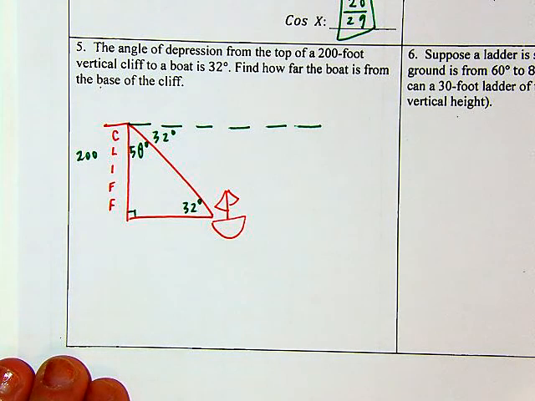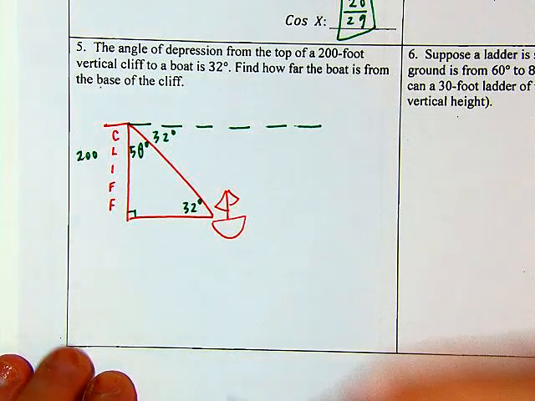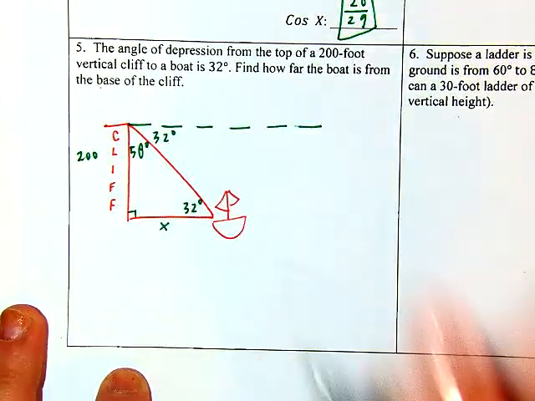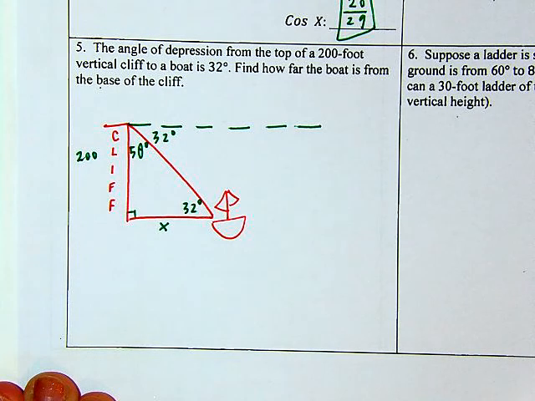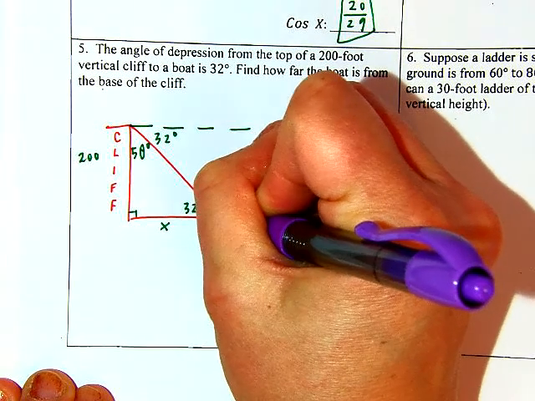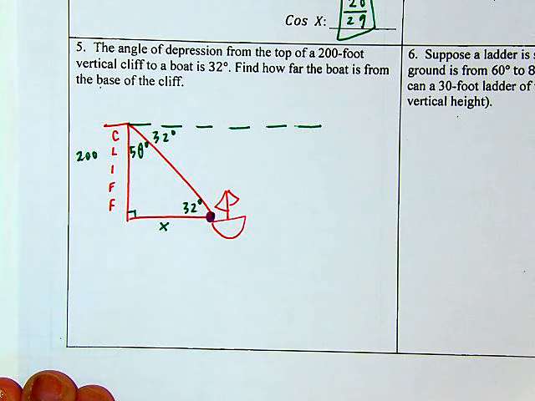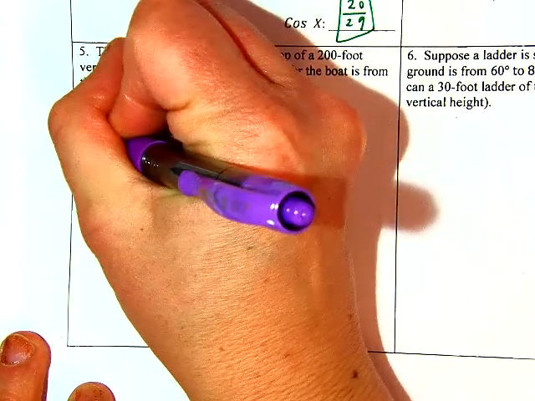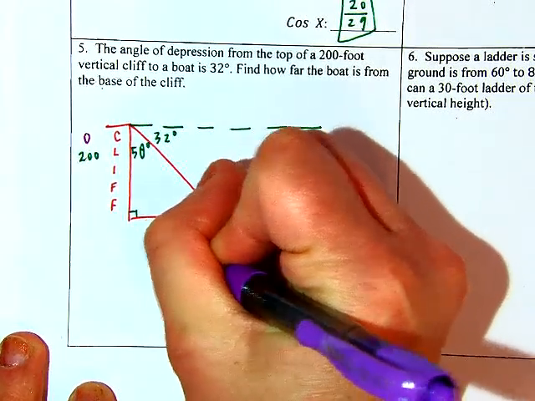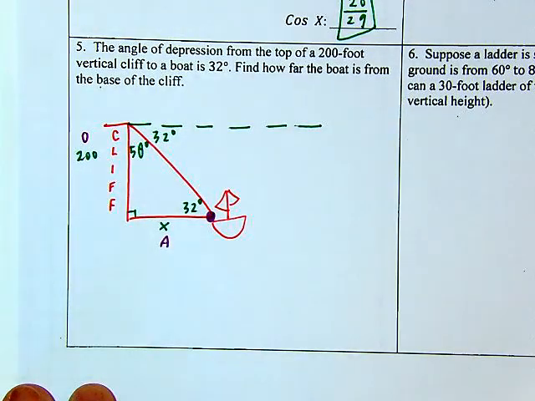Okay, what am I ultimately solving for? I want to find how far the boat is from the base of the cliff. So I want x right there. So depending on which angle you make your reference angle, let's say that I make it this one. In relation to 32, I have an opposite and an adjacent side. So what am I going to use?